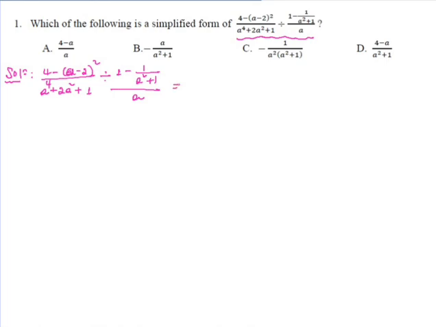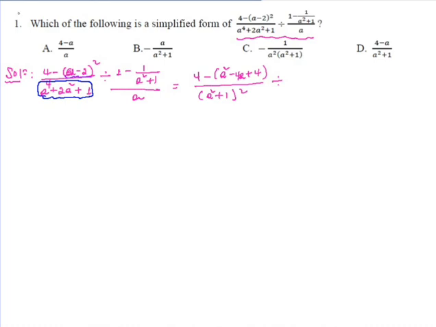So we can write this as 4 minus this thing in the bracket, (a minus 2) the whole square, means a squared minus 4a plus 4, over a to the power of 4 plus 2a squared plus 1, which can be shortly written as (a squared plus 1) the whole square, divided by.